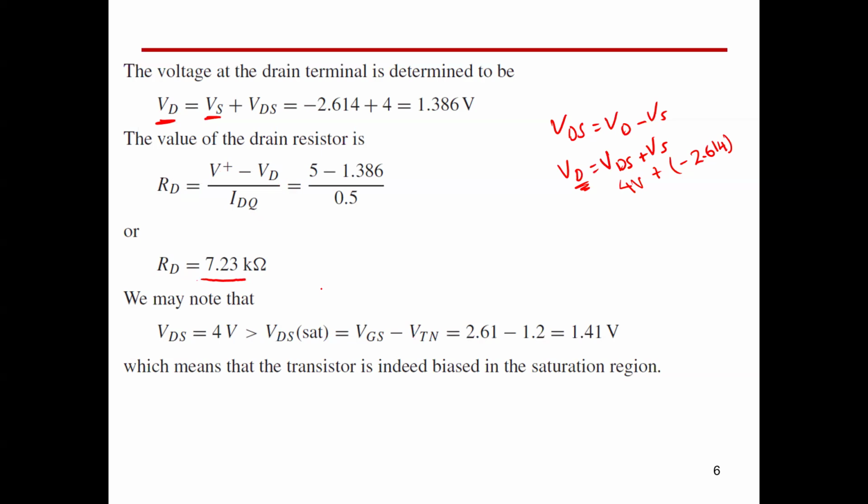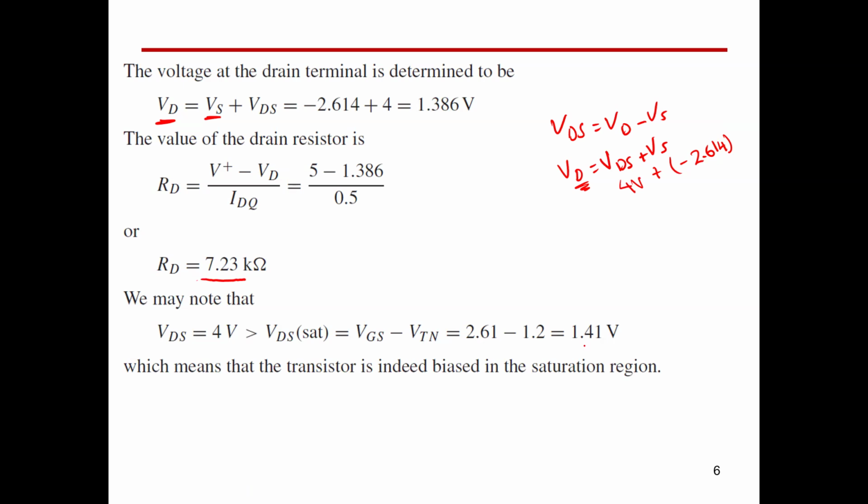Now, we may note that our drain to source 4 volt is greater than V drain to saturation, which is VGS minus VTN, which means our assumption was correct.